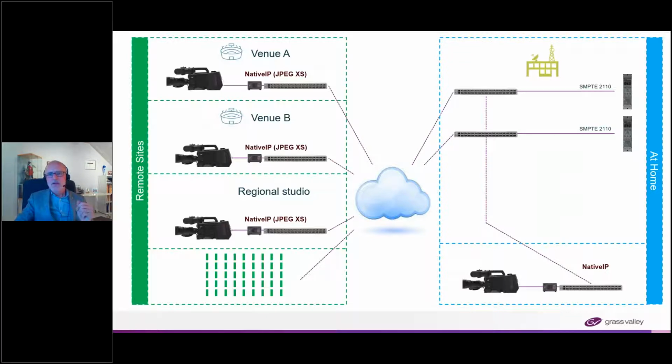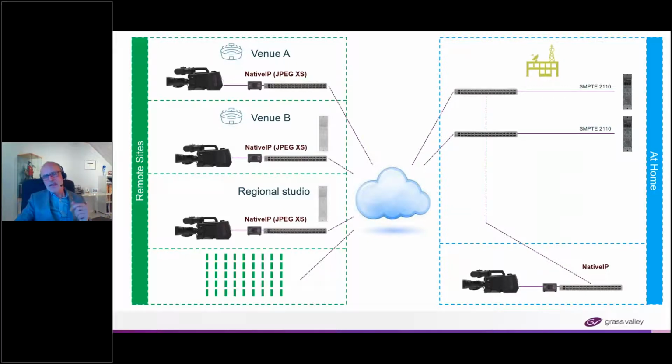So here in this example, you would do all the camera control or the shading of the cameras from your at-home base. So you could perfectly do that. On the other hand, you could also do the camera shading directly on the venue or in the regional studio if you want. Or both shading places work also simultaneously together if that's wanted.